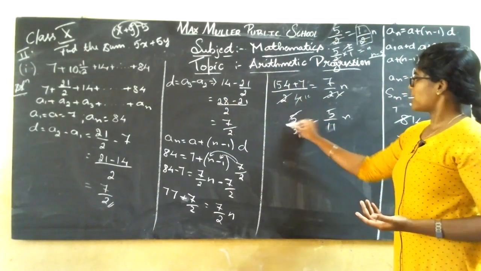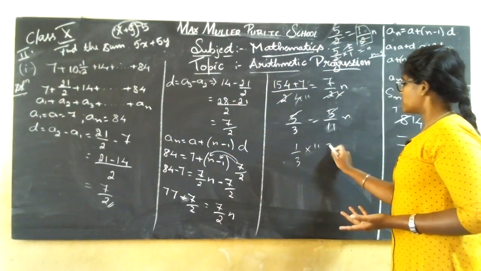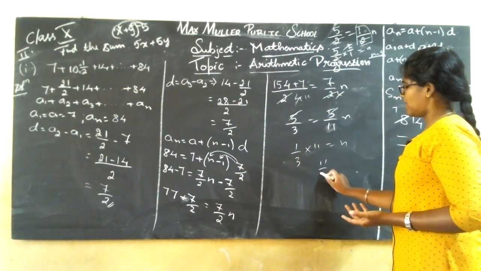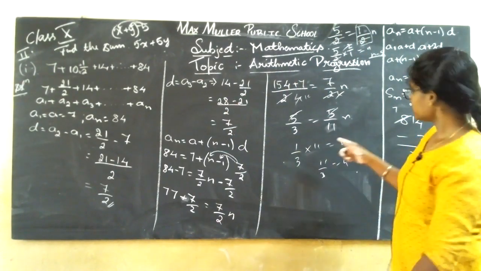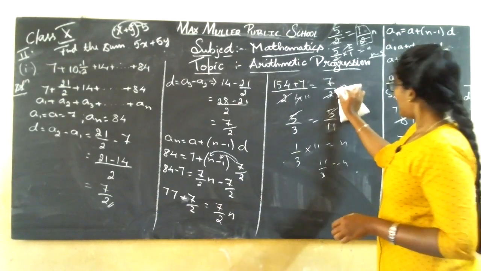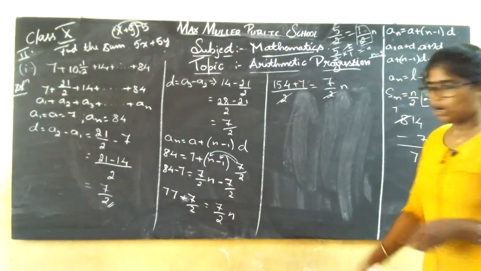If it is in this form, 5 gets cancelled. So you will be left with 1 by 3 into 11 is equal to n. So it is 11 by 3 is equal to n. Here I had the same numbers in the numerator, so it is cancelled. Okay.